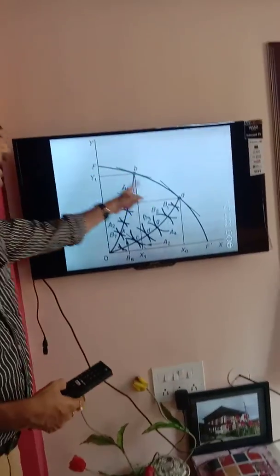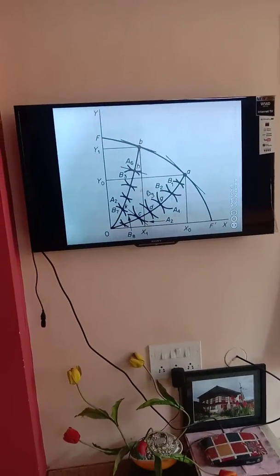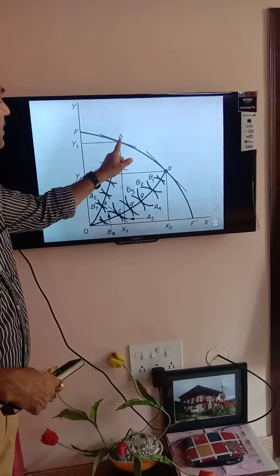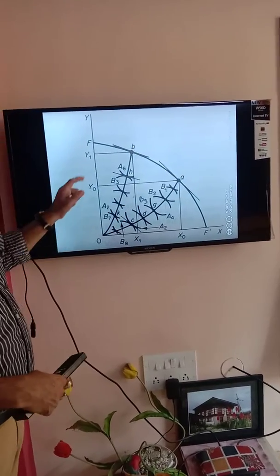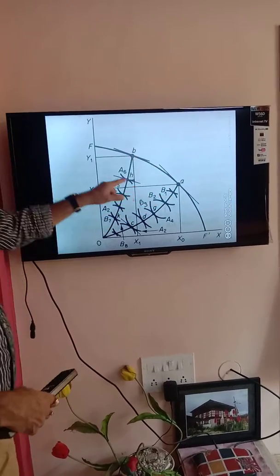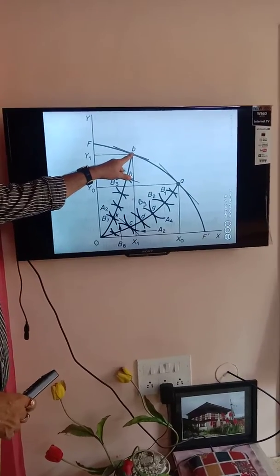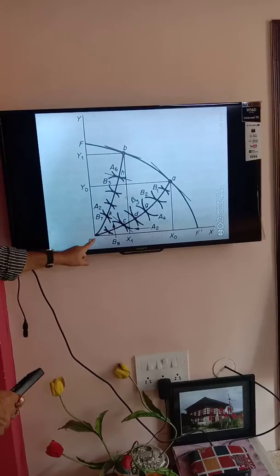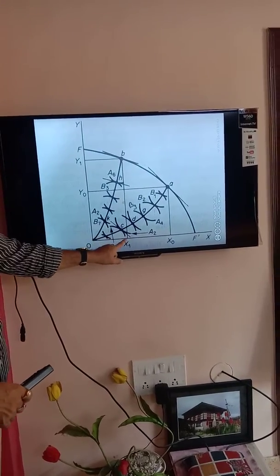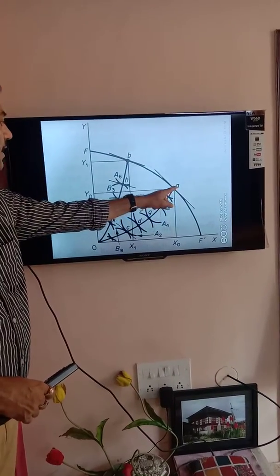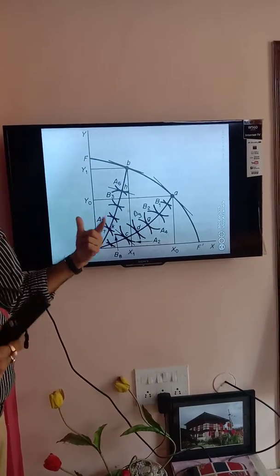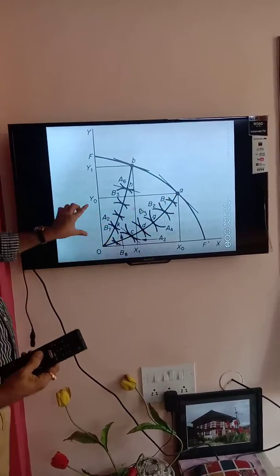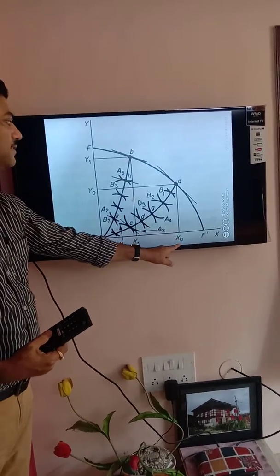This is FF dash, our PPC, and these two points, B and A, are the product mixes. When you are at point B, you are producing OY1 amount of commodity Y and OX1 amount of commodity X. Similarly, if you are at point A, your commodity mix is OY0 and OX0.